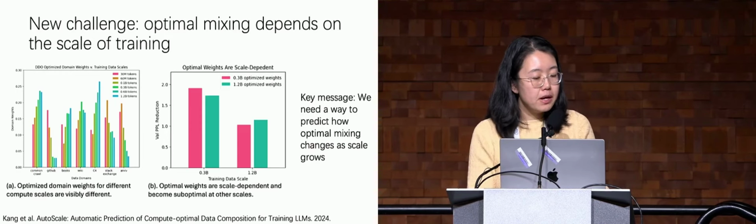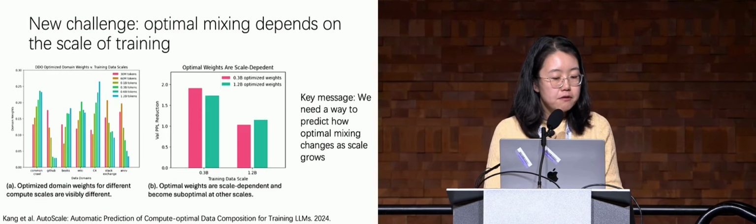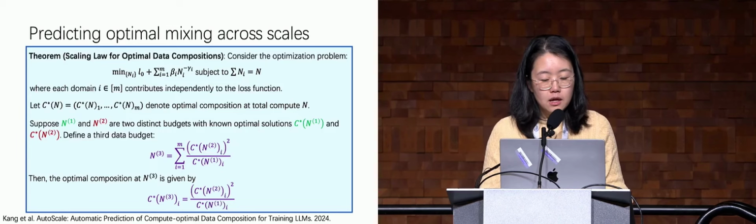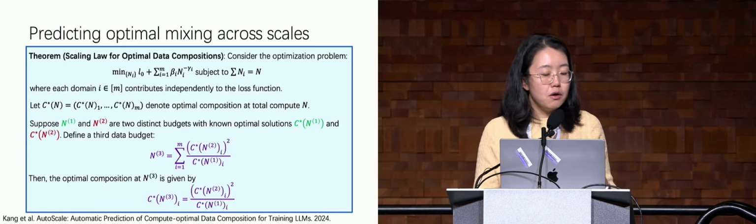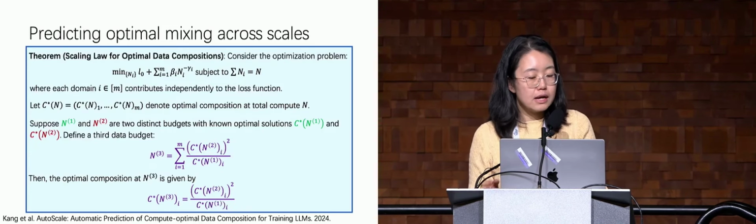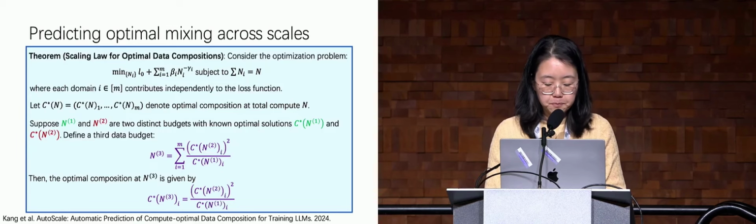And if you just compare across different colors, you can find that the optimal weights for different data scales are dramatically different. And on the other hand, if you apply the optimal mixing that you found based on small-scale experiments, it may not work as well for some larger experiments.